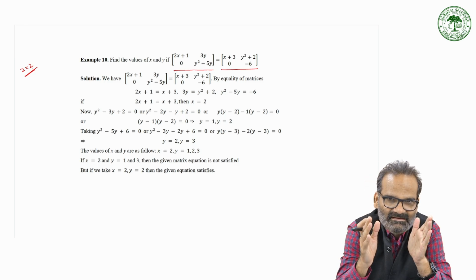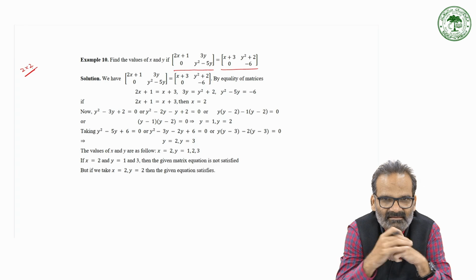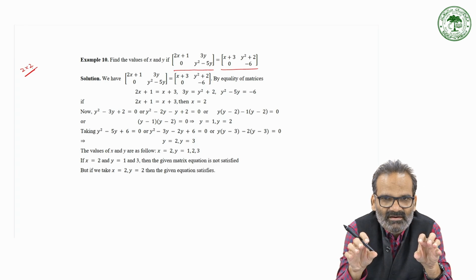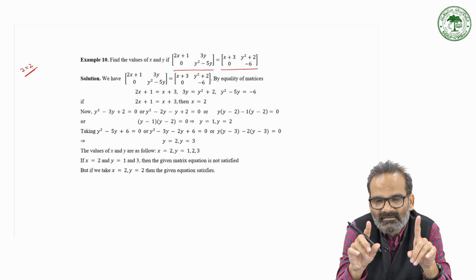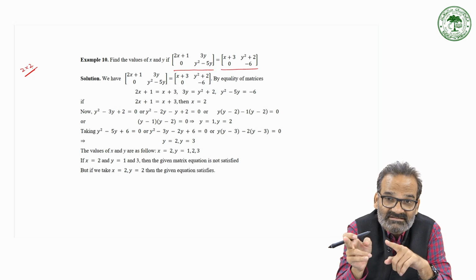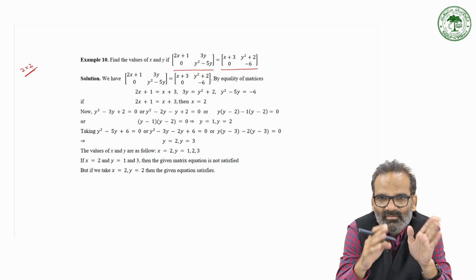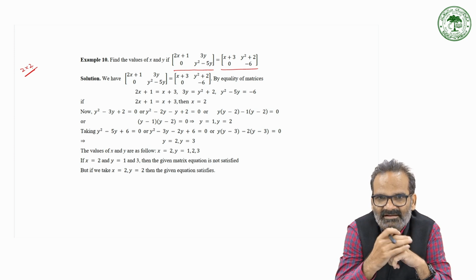This is the basic requirement or prerequisite condition for equality of two matrices. Clear? Two matrices are equal if, number 1, they are of the same order, and number 2, their corresponding elements are also equal. I have already explained very clearly in detail about the corresponding elements, right?